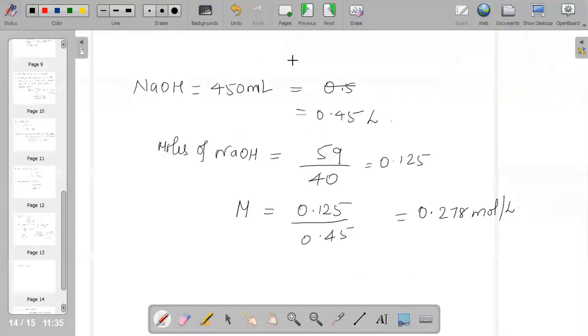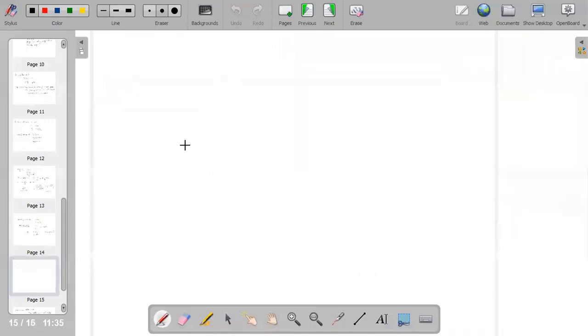Once again the same formula, since they are asking us to calculate the molarity: moles of the solute divided by volume of the solution in liter. So volume is equal to 1 liter, or we can say 1000 ml. So the mass of the solution will be 1.8 into 1000, because density is equal to mass by volume.